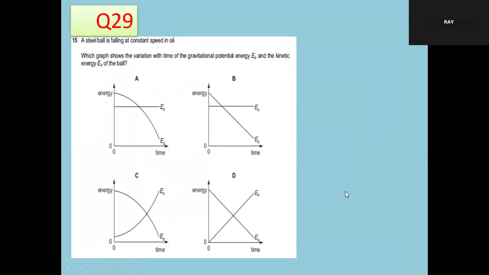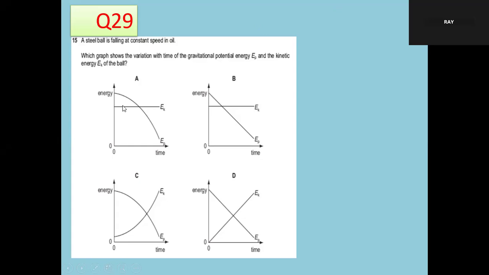How about this one? E is constant speed.